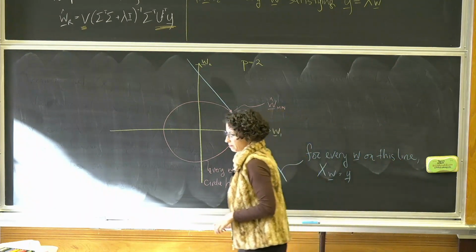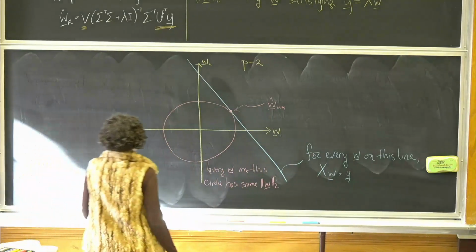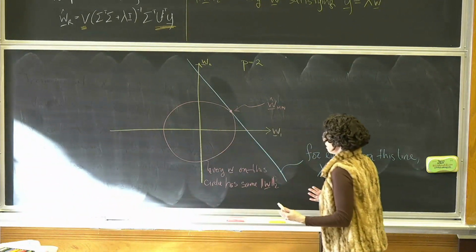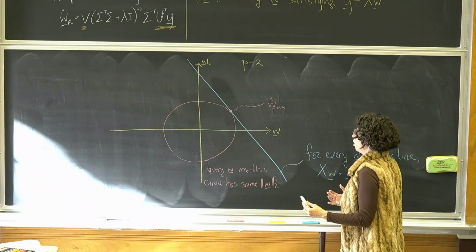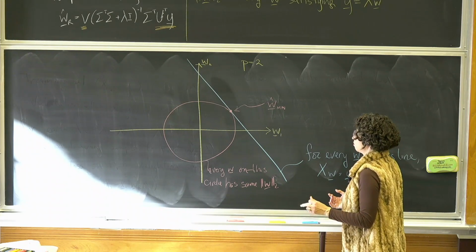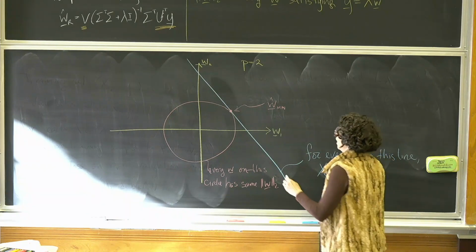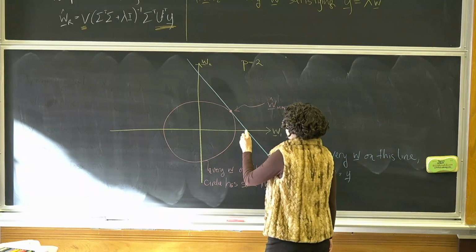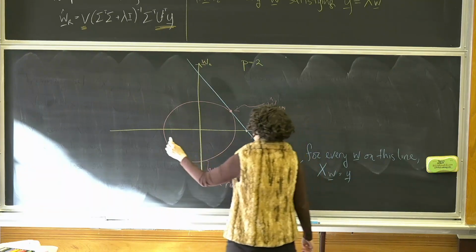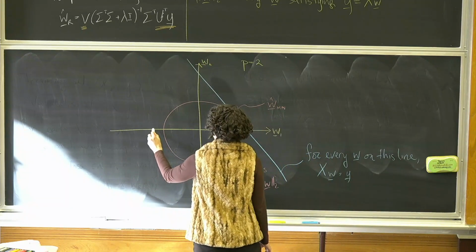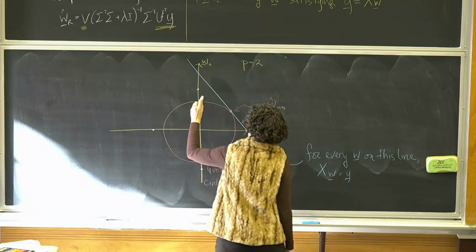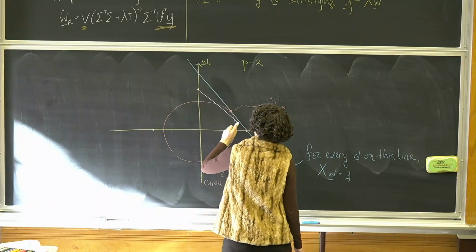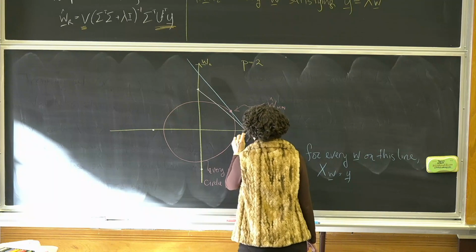And alternatively, I could say I want to think about all of the weight vectors that have the same L1 norm, or the same amount of sparsity. Well, it's not exactly sparsity, but the L1 norm. That turns out to be a diamond.